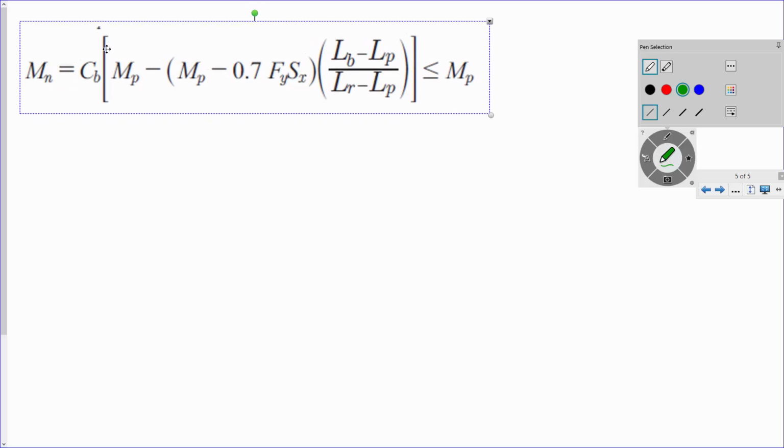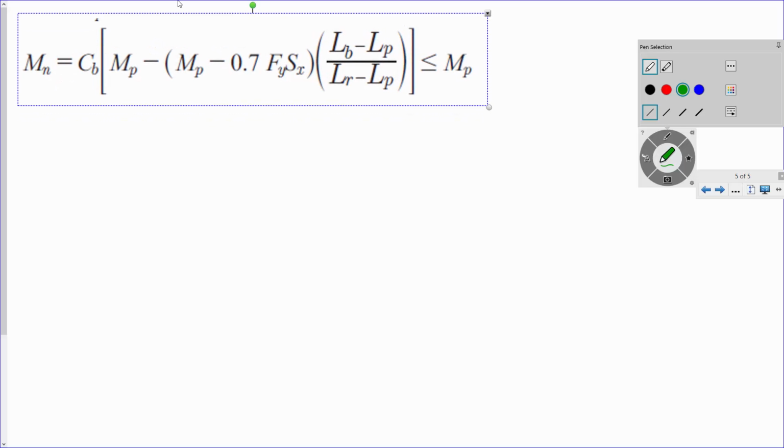So there's my equation, right? Right there. Now, let me rewrite the stuff that matters. We don't have to deal with the stuff on the inside, or the less than, and we know that CB is 1. So it's MP minus this 0.7 FySx, that's just MR, right?